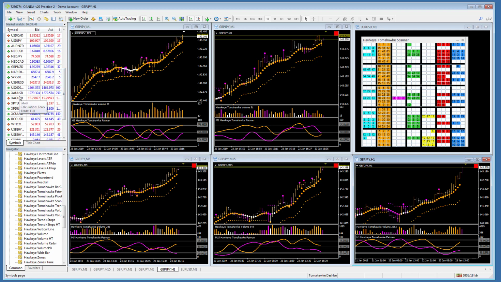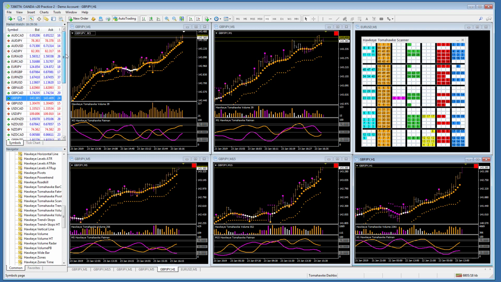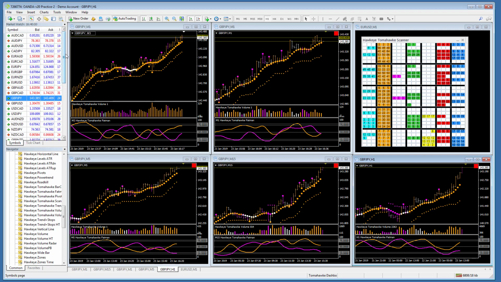These are CFD pairs. On the MT4 platform, I cannot get direct futures trades, but you can do that on NinjaTrader, TradeStation, and TradingView. So absolutely.